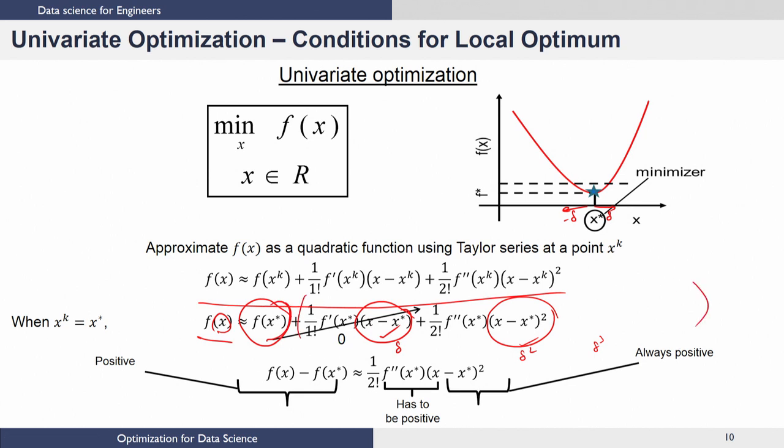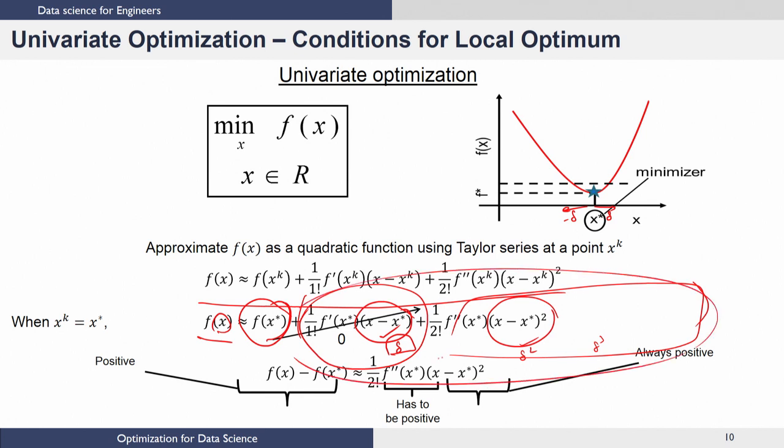Now, if you keep reducing delta to smaller and smaller values, this is what we explained when we said we are looking at it locally. At some point delta will become so small that none of the higher terms will matter. The sign of the whole sum will depend only on this term here. If this term is positive, the whole sum will be positive, and if this term is negative, the whole sum will be negative.